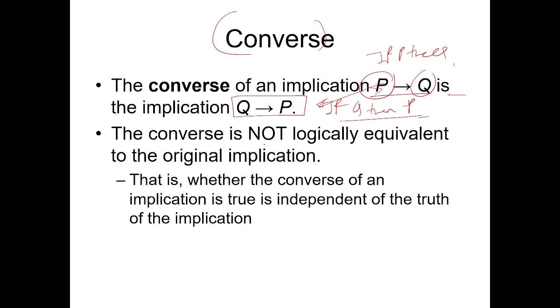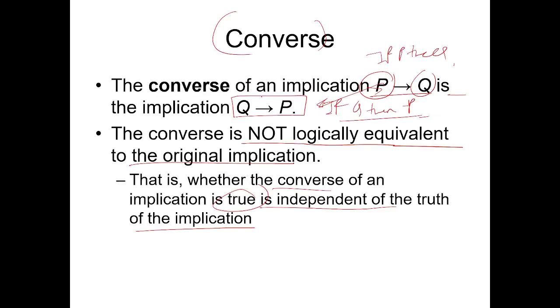The converse is not logically equivalent to the original implication. That is, whether the converse of an implication is true is independent of the truth of the implication. It doesn't matter if the implication is true or not. The converse is independent of the truth of the implication.